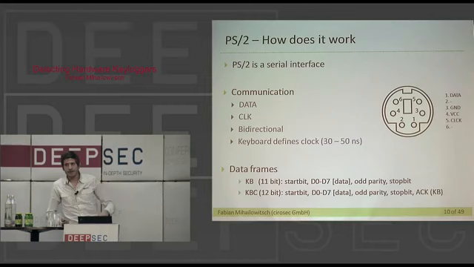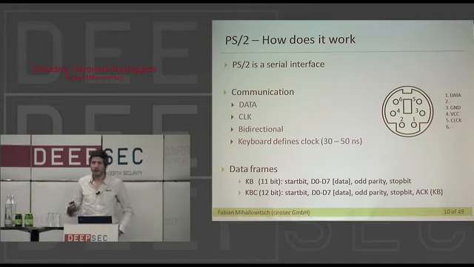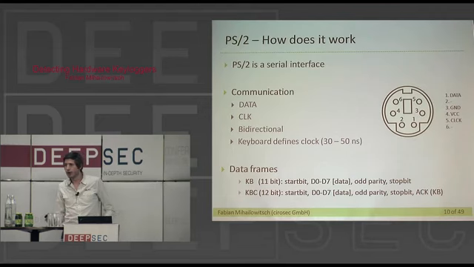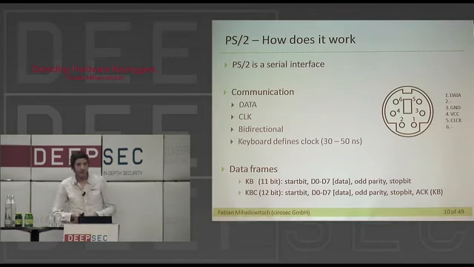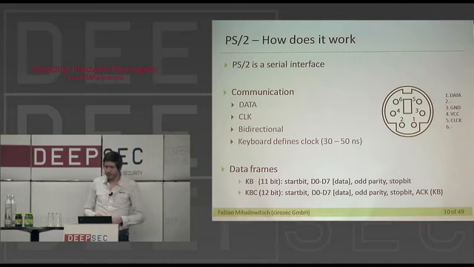The PS2 interface, I'll just go quickly over it. I guess most of you know the port and have seen it. Interesting are just 2 pins, the data pin and the clock pin, which are used to transfer the data. The clock is defined by the keyboard, which can be between 30 and 50 nanoseconds. The data are transferred in 11-bit data frames from the keyboard side to the PC.